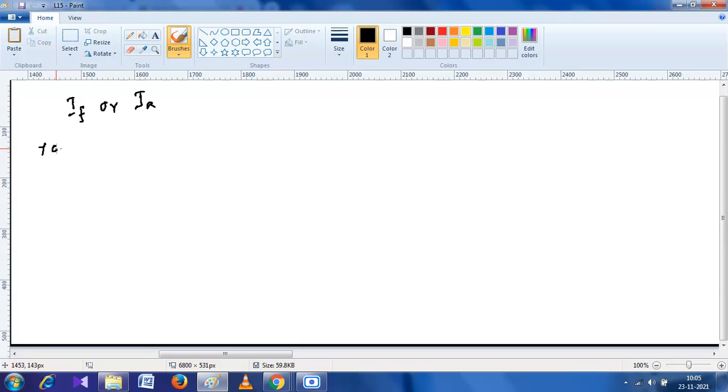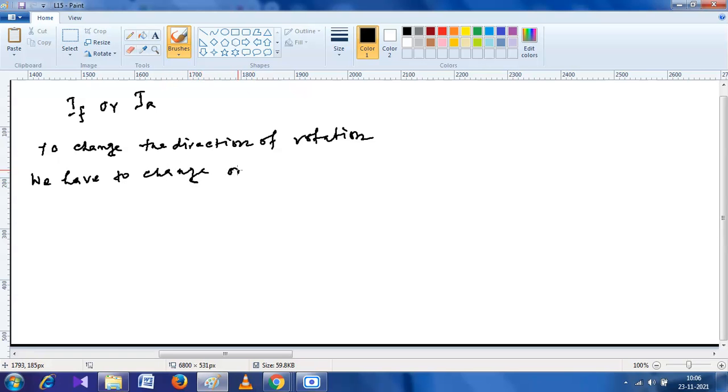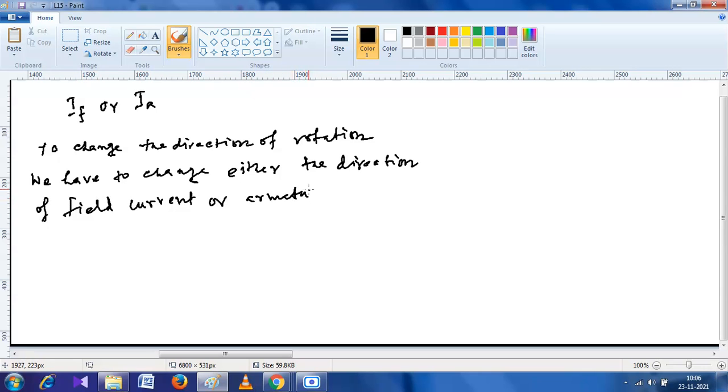That means to change the direction of rotation, we have to change either the direction of field current or armature current.